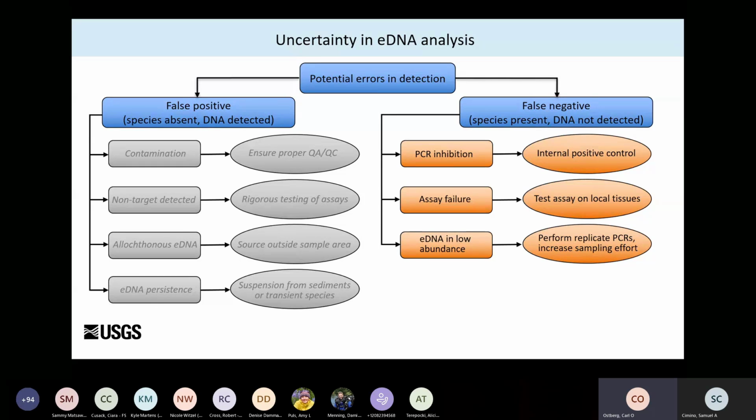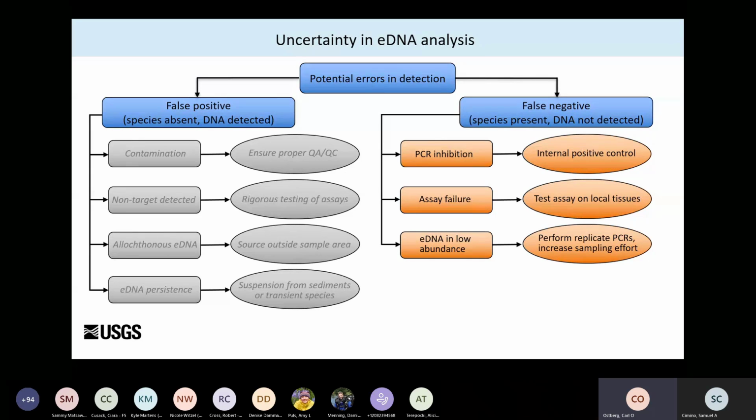It's possible that your assay could fail to amplify in the target species, and this could happen if there's genetic variation in the target species, so that the primer and the probe don't completely match the target sites. Sometimes assays are developed with limited geographic coverage.